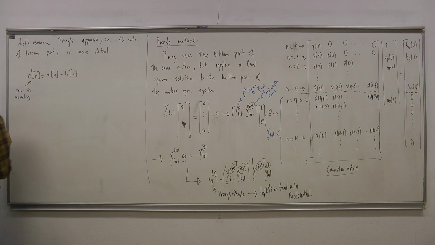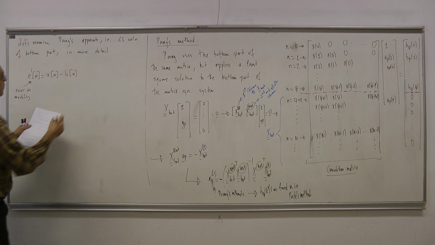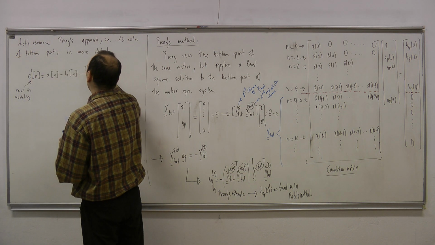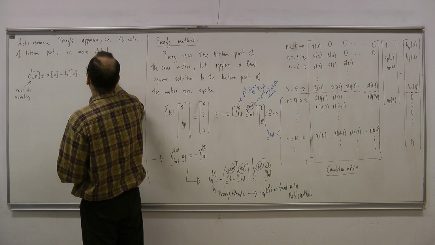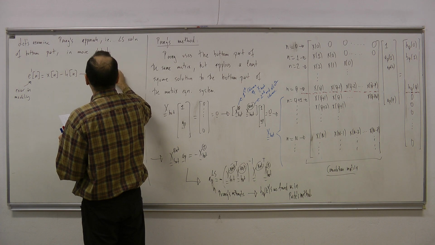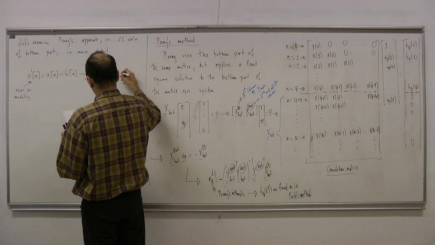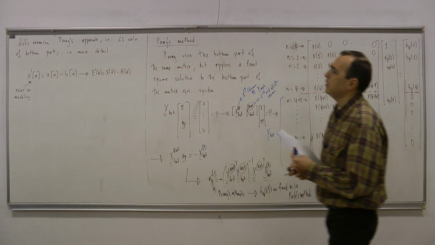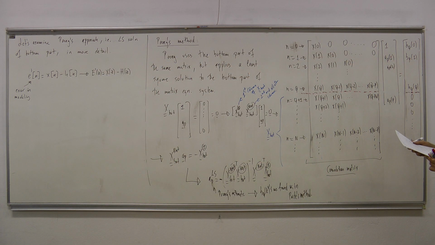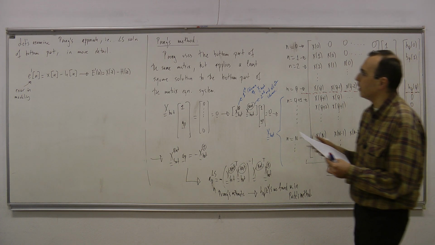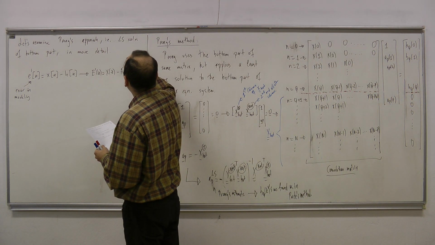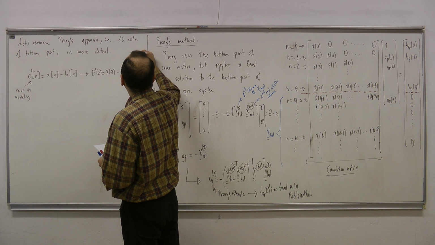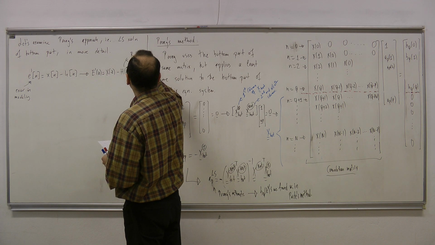If I write this, this is the beginning of the problem. So this is x of z minus h of z. This is the same error sequence in z domain, isn't it? But this h of z is bq of z divided by ap of z.